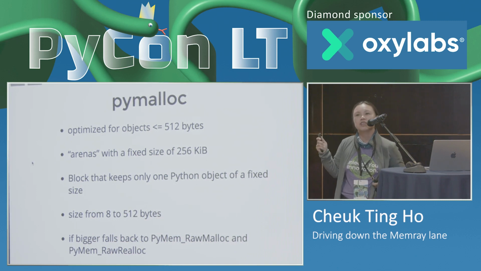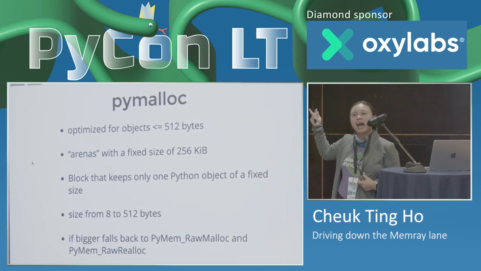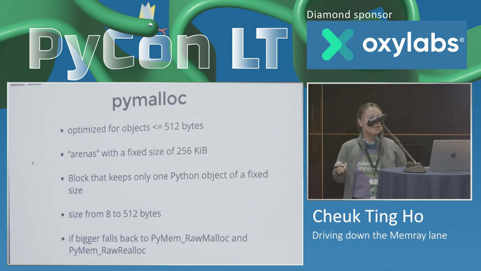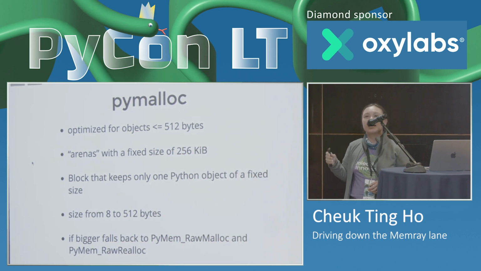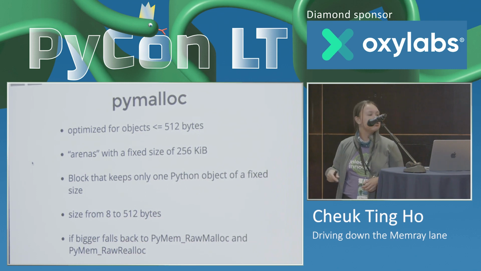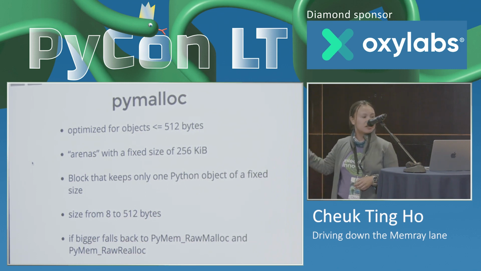It will use the deeper C API to handle those. The reason it does this is that in Python there are a lot of small objects. An integer is an object in Python, right? Everything is an object, and they are all small. So this is efficient in the sense that it's easy to implement and easy to maintain. So that's how it works.